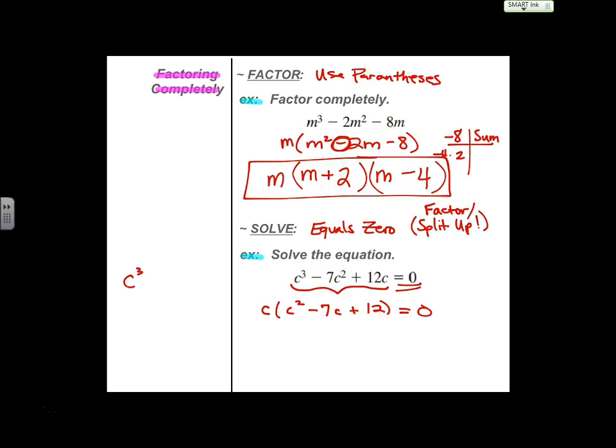If I think about the C cubed, the negative 7C squared, and the 12C, what's shared is only one C. So I can only pull out what's in common. So I pull out 1 C from each. And what's left? Does that make sense? If there was 12C squared, then we could pull out a C squared.